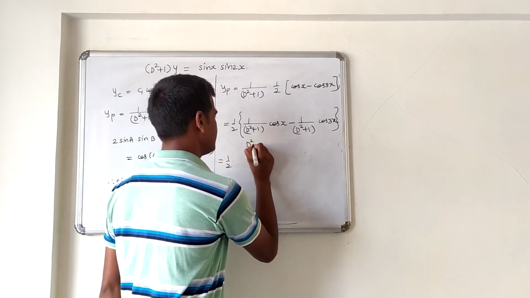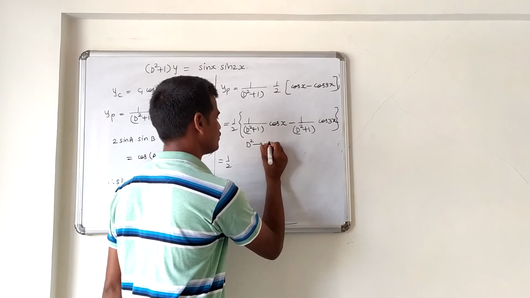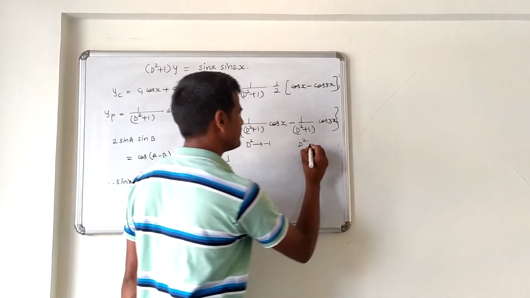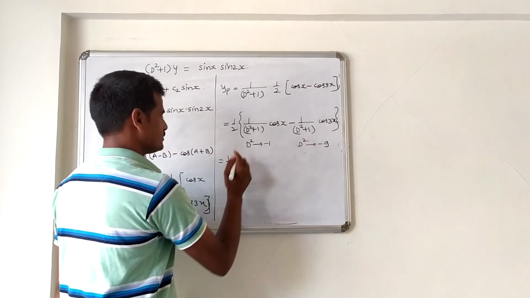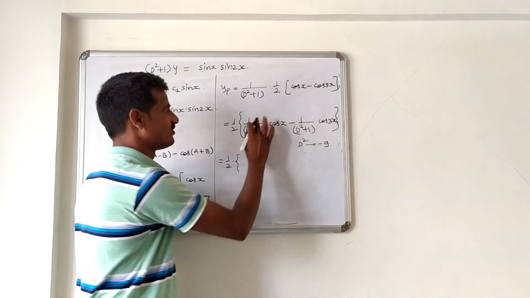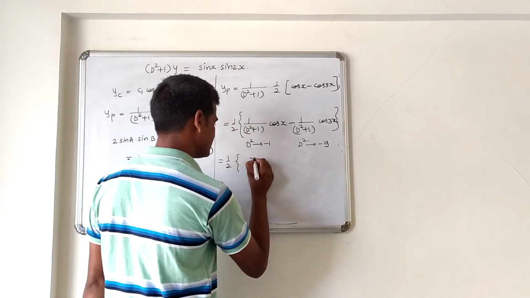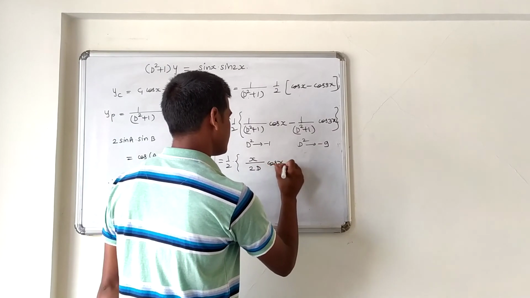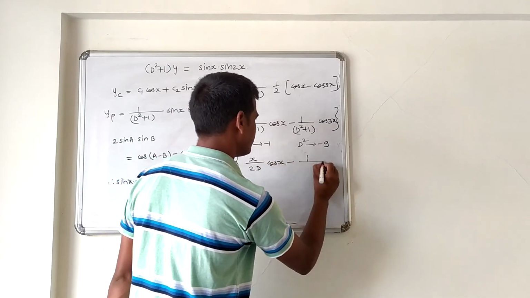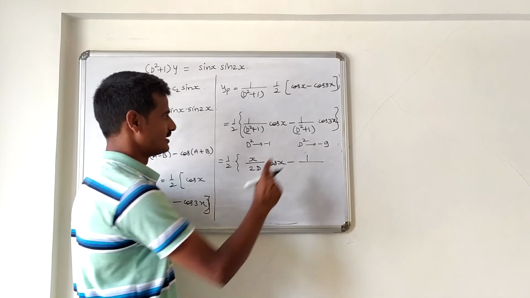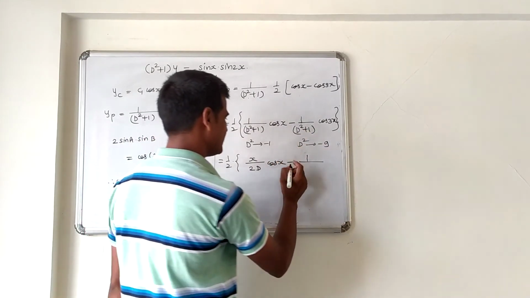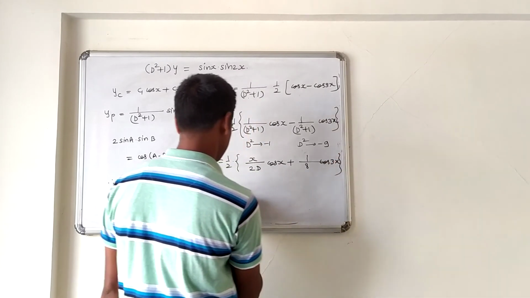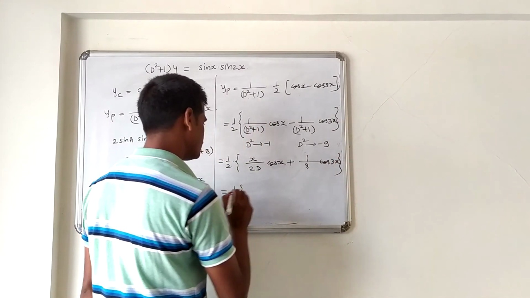Replace d square by, now what is a? a is 1 here, so minus 1, and here replace d square by, here a is 3, so minus 9. So 1 by 2. Now it is a case of failure, so multiply by x divided by the differentiation of the denominator, so 2d, on cos x, minus 1 upon, now replace d square by minus 9, so minus 9 plus 1, minus 8, so minus minus plus 1 by 8 cos of 3x.